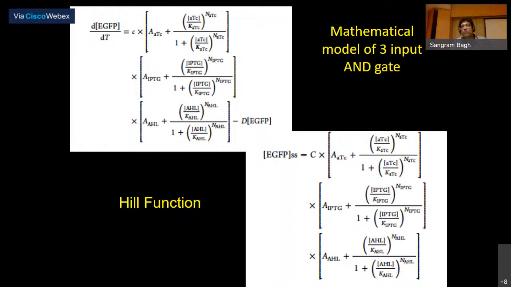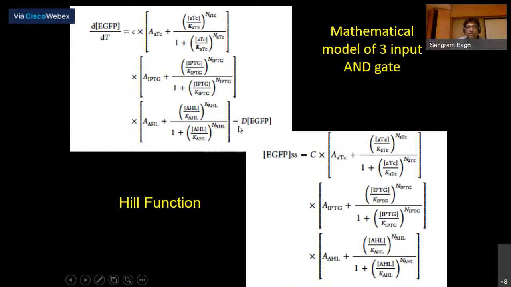If it were a systems biology class, I could have shown that you take all those 30 or 33 equations, just write the differential equations, and you can convert them to a similar kind of equation. I do not know what the constants are here. That's why we do the experiment. We fit this equation and we actually get those values. So now this is a differential equation for the three of them, and minus d EJP, where d means the degradation of the EJP.